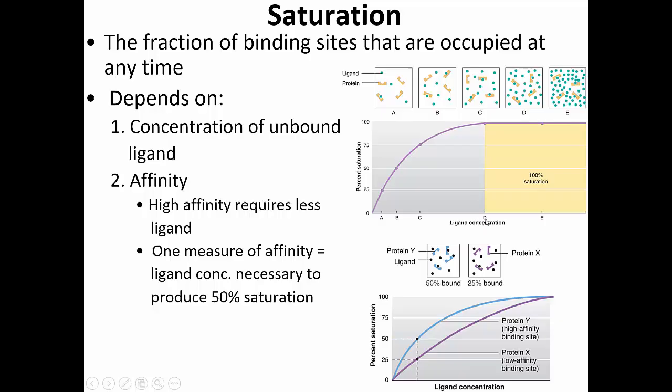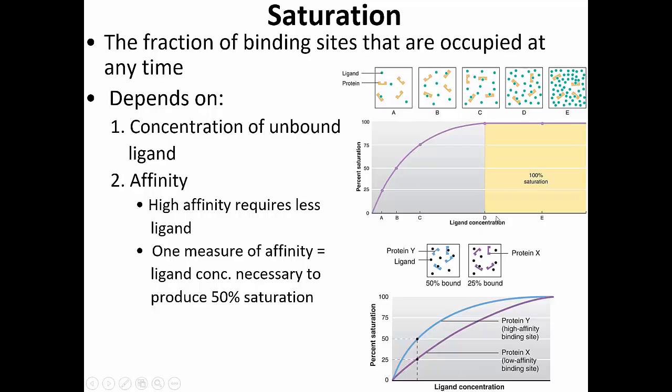Interestingly, at D, we reach an important point. We see that we have reached 100% saturation. We've increased the ligand concentration. And now, if we look at box D, we see that each binding site on all of the four proteins is bound to a ligand.